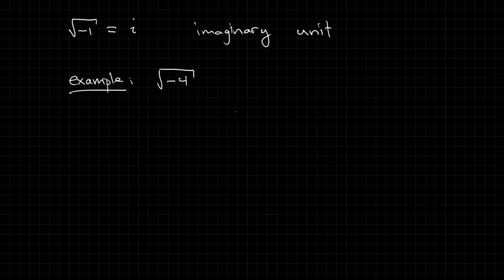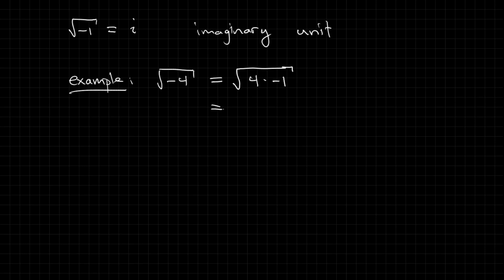Now first, let me be clear. As a real number, this does not exist. So there is no real number, the square root of -4. But there is a complex number. We can rewrite -4 under the square root as 4 times -1.